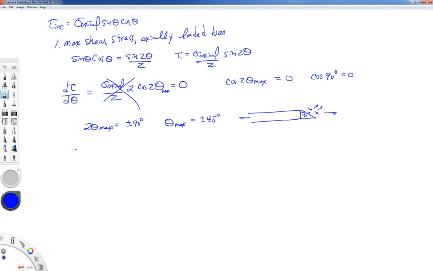Of course, the normal stress on the inclined plane we found from that formula, we're going to use that, is sigma axial times the cosine squared of theta. Since theta in this case is at 45 degrees, cosine is 1 over the square root of 2, the cosine squared is 1/2. The normal stress on the inclined plane at 45 degrees is going to be the axial stress divided by 2.